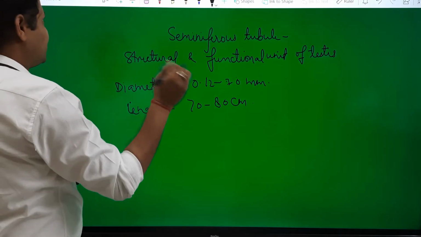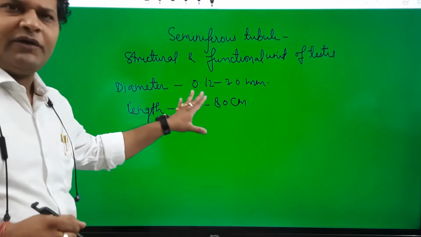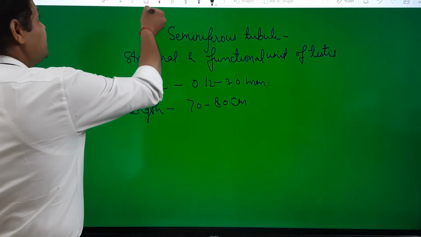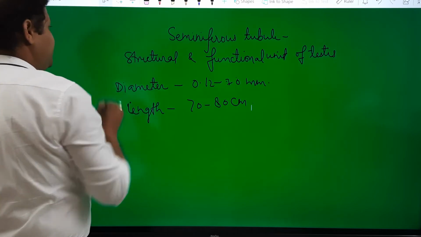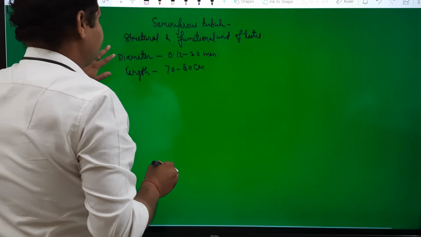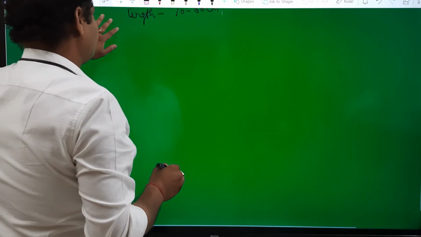Now we discuss the structure of the seminiferous tubule.